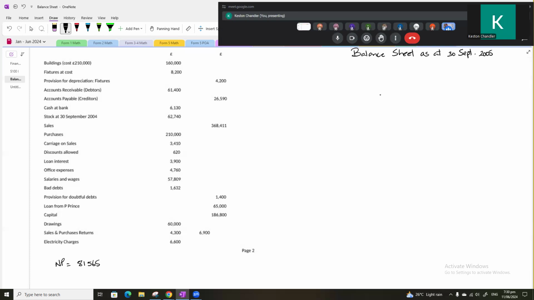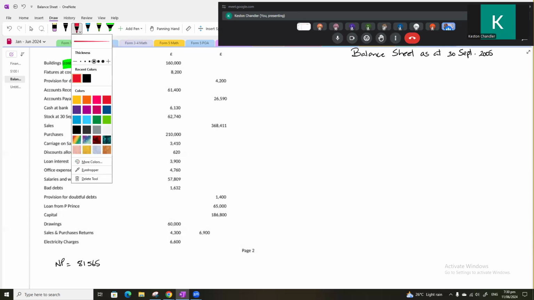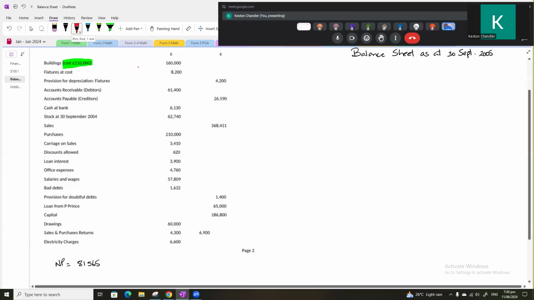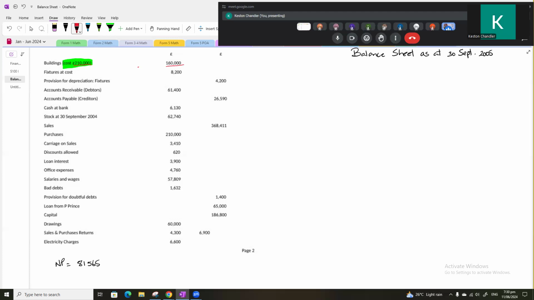So building at cost, this is an important figure here, right? Because this is the building at cost, and we have some working to do here. If you look at it here, if the building costs 210,000 and we're currently at 160, what that is telling me is what the total depreciation was to date, right? And then we'll have depreciation for the current period, which I believe we worked out last time.